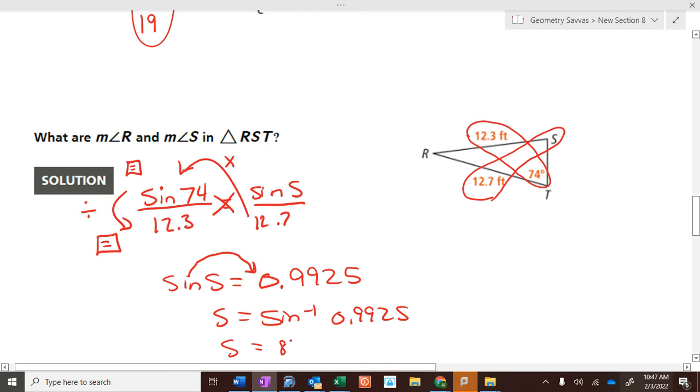It's 83. If we round to the nearest whole number, 83 degrees. So if S is 83, what's R?